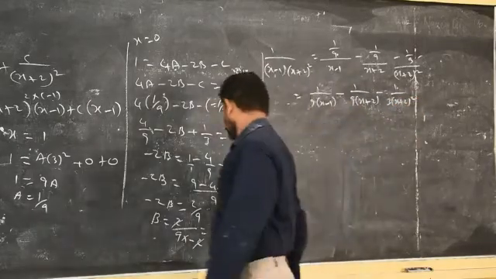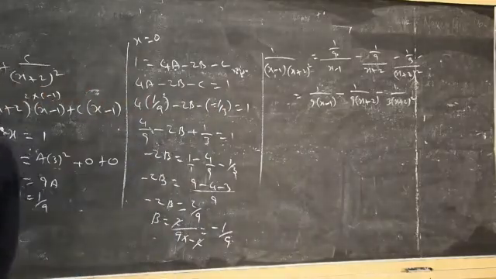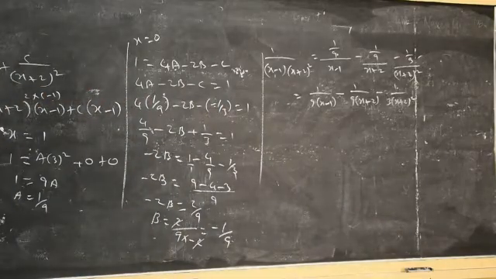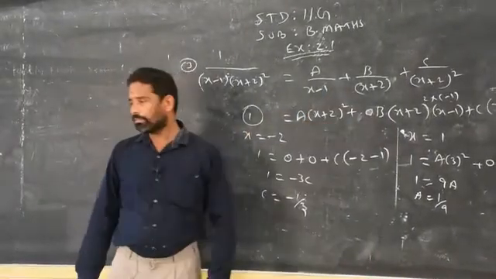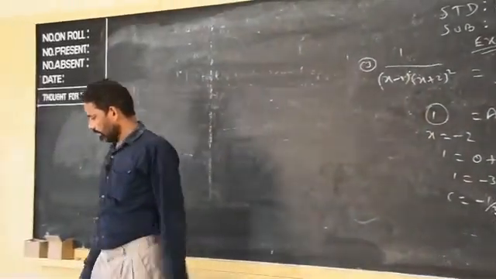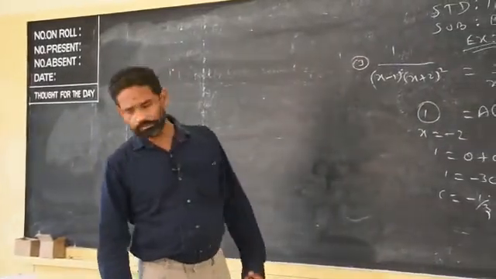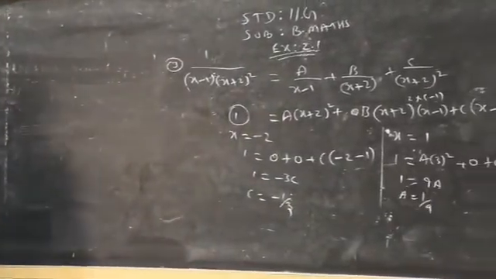So please check whether it's correct or wrong. See the sign. Clear, don't copy. This is the process. You have to check whether it is correct or wrong. 1 by 9, it is minus.